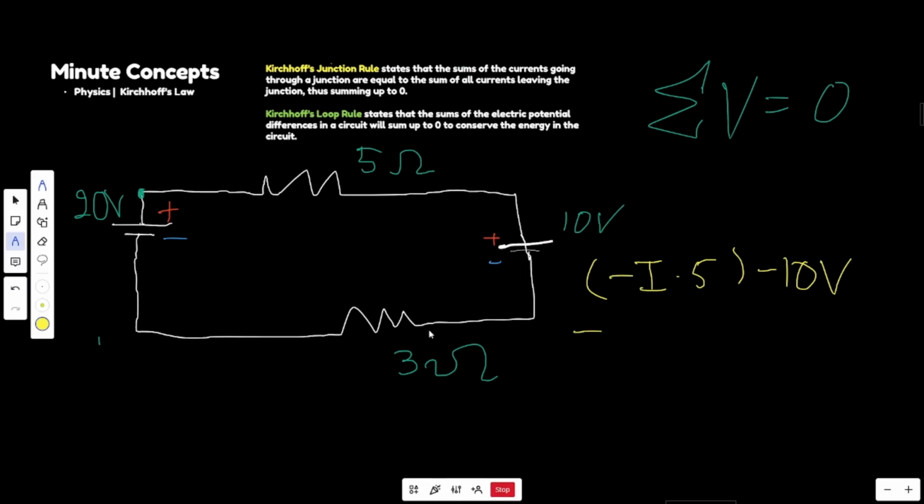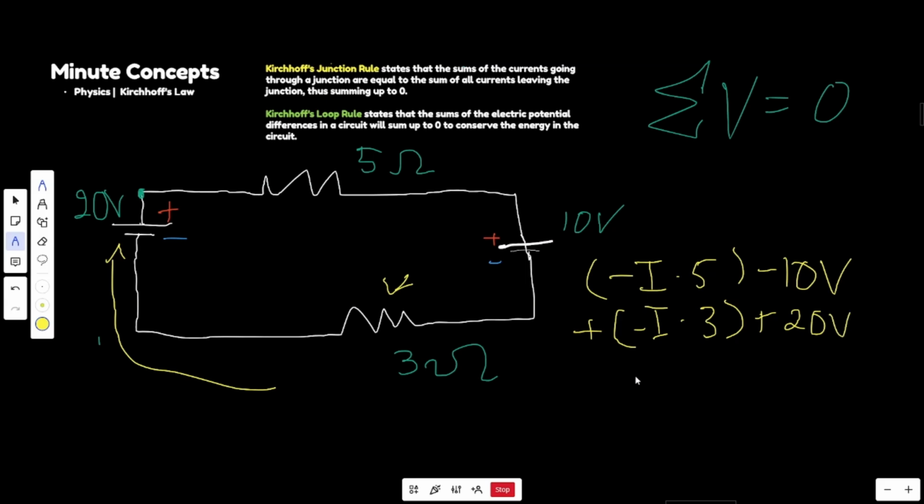We're going to be here at this resistor. This one now. So we'll still be at negative I. So plus negative I times 3. And when we get to this point, we're going to be going from negative to positive, which increases our potential, meaning that we add 20 volts. And this should all equal 0.